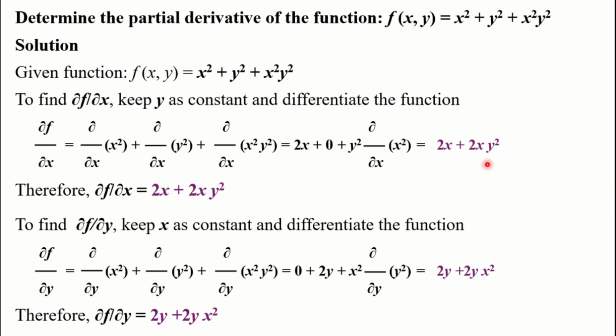This is the partial derivative. Then for the partial derivative with respect to y, we treat x as a constant, that is 2y plus 2y x square. These are some examples of partial derivatives of a function of x and y. Thank you.